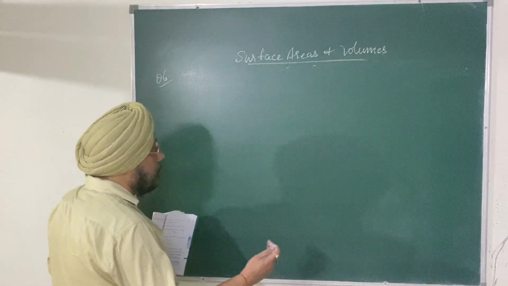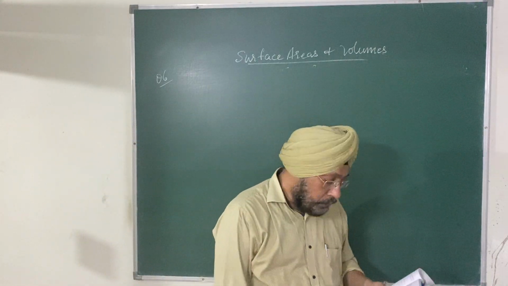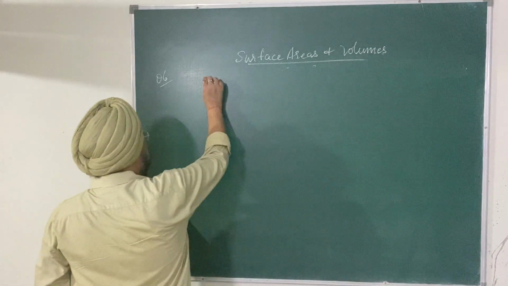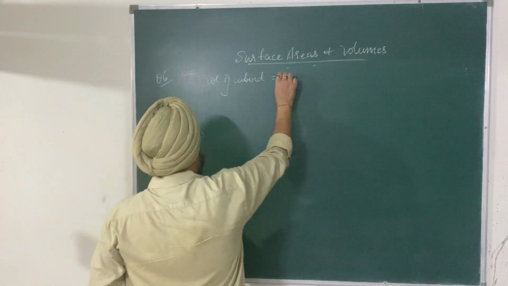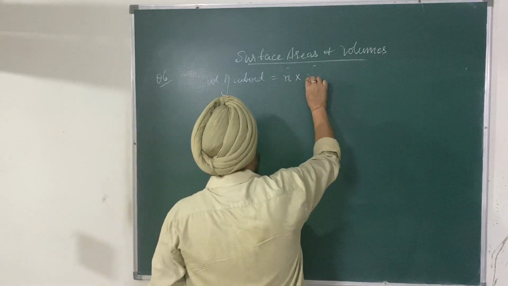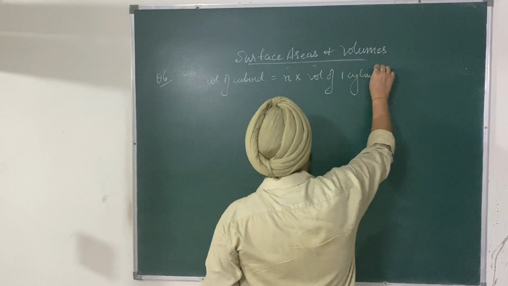Since the number of coins has been obtained from the cuboidal vessel, it means the volume of the cuboid must be equal to n multiplied by the volume of one cylindrical coin.